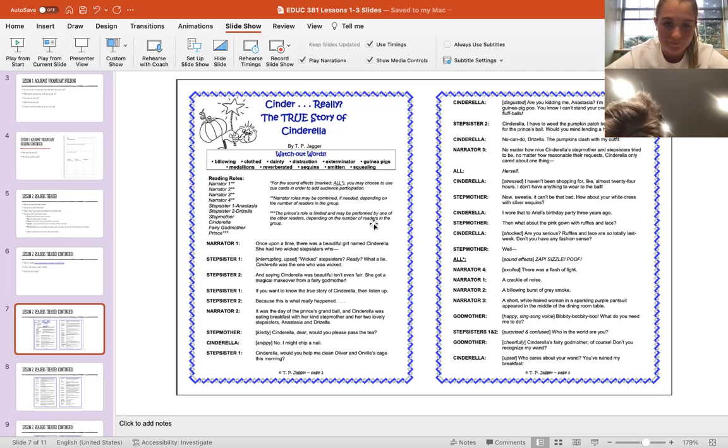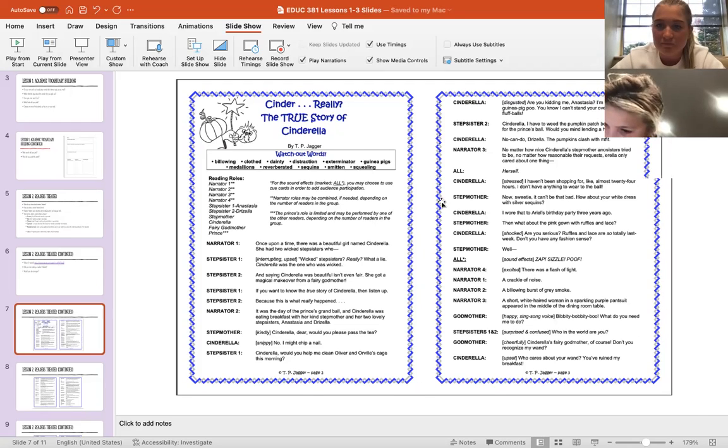It was the day of the prince's grand ball, and Cinderella was eating breakfast with her kind stepmother and her 2 lovely stepsisters, Anastasia and Drusilla. Cinderella, dear, would you please pass me the tea? No, I might chip a nail. Cinderella, would you help me clean Oliver and Orville's cage this morning?